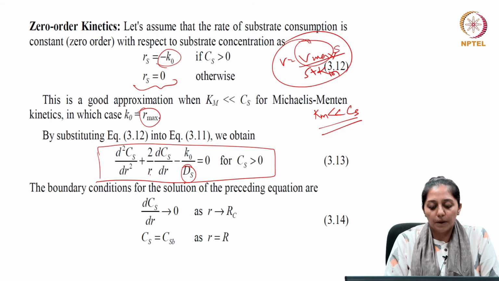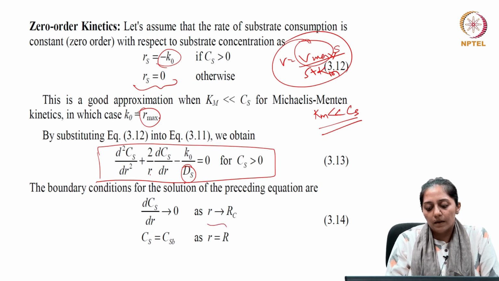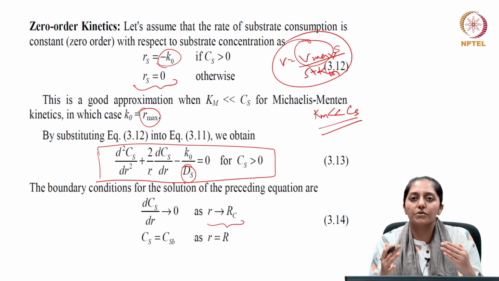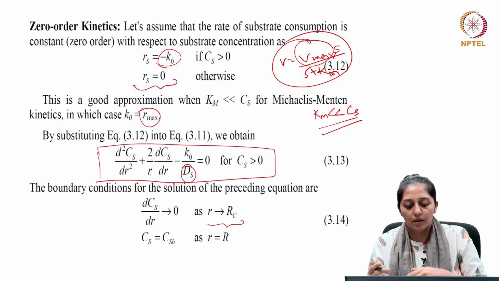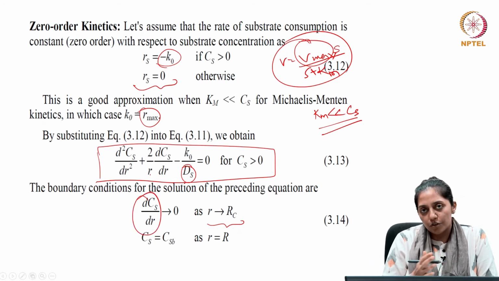Now, what are these boundary conditions? The change of substrate with R will go to 0 when R becomes equal to some critical value. This is the maximum radius till which the substrate is able to penetrate, beyond which there is no substrate. So obviously dCs by dR, the rate of change of substrate with the radius, is equal to 0 when R tends to that critical radius.